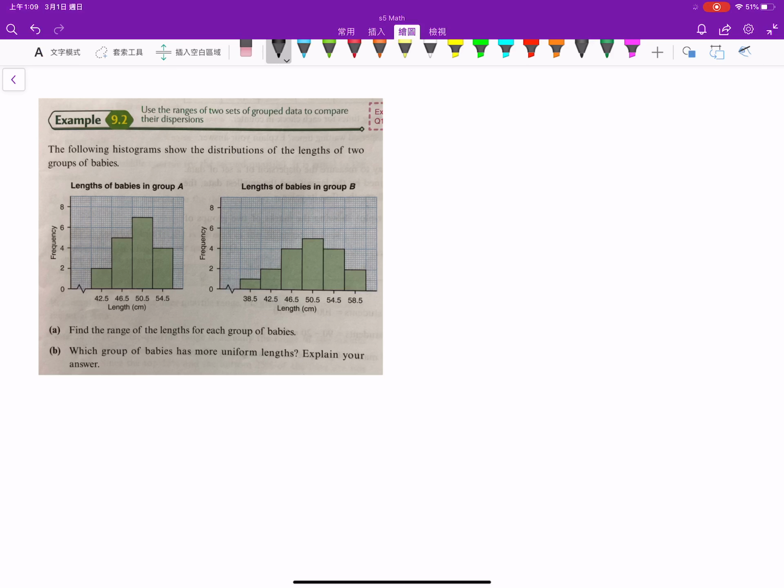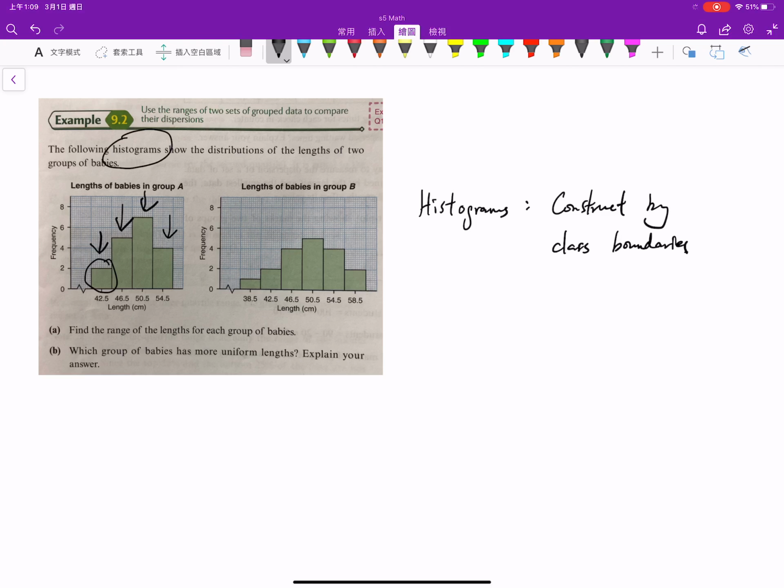Here, we have 2 histograms. You remember histograms? The bars are already constructed by class boundaries. Then we can look at the first one. The class mark is 42.5, right?